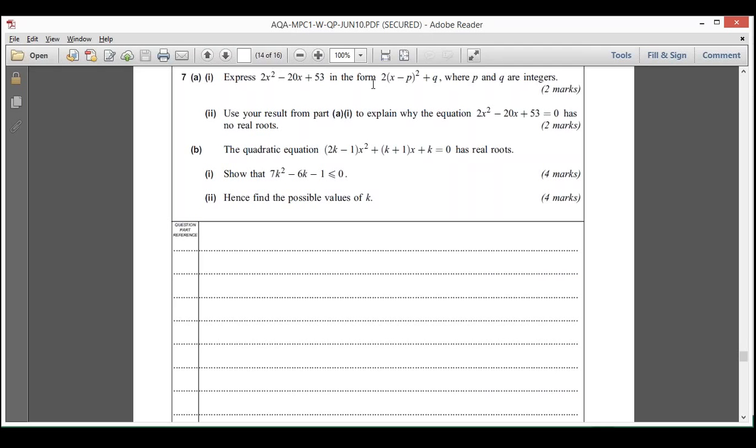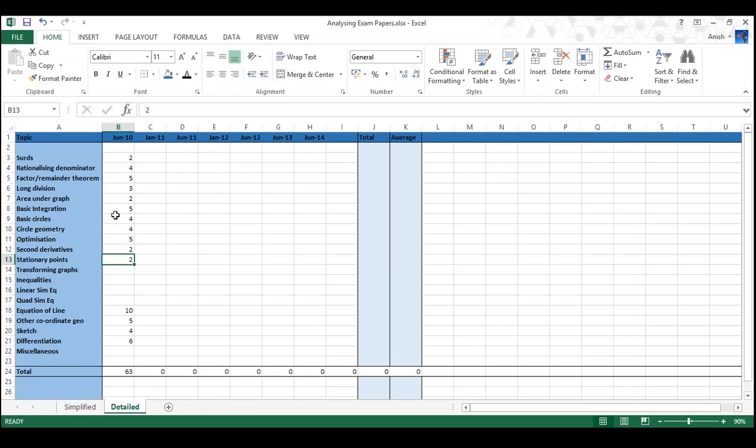Right, next one. So this is completing the square and explain why there are no real roots. So that must be the discriminant. No, completing the square. Do I have anything for that?